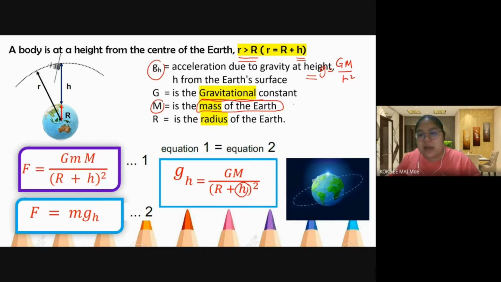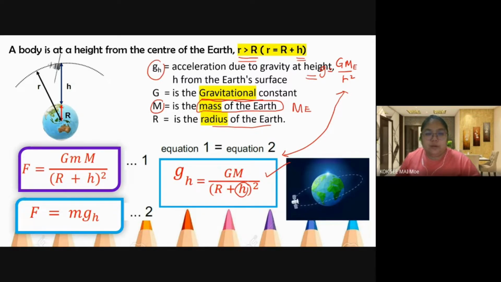So we use capital M for the Earth, and we never use another body. R stands for the radius of the Earth. So we create this formula. Actually, these two formulas are the same; only this one is further, so you need to add one more H.